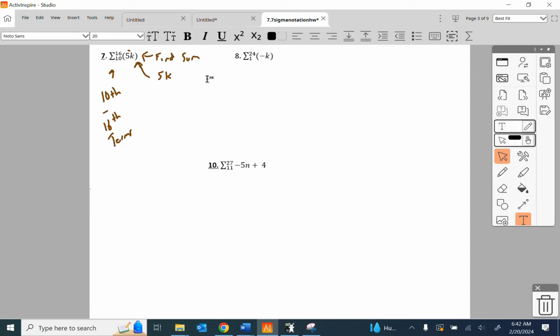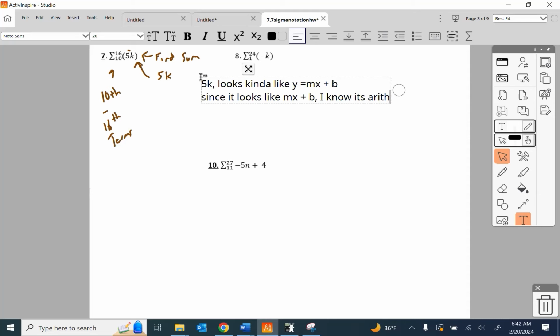Now, here's the shortest way to do this. 5k looks kind of like y equals mx plus b. I know it's arithmetic.